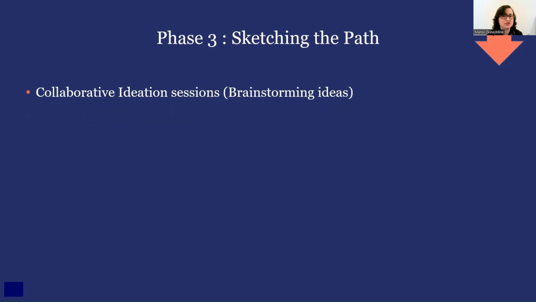We need to have those collaborative ideation sessions, simply brainstorming ideas. And this is very important because once you sit with learners, teachers, or as leaders, we are bringing out ideas without judging what type of ideas. You are trying to stir up this observation archives that you have in mind.